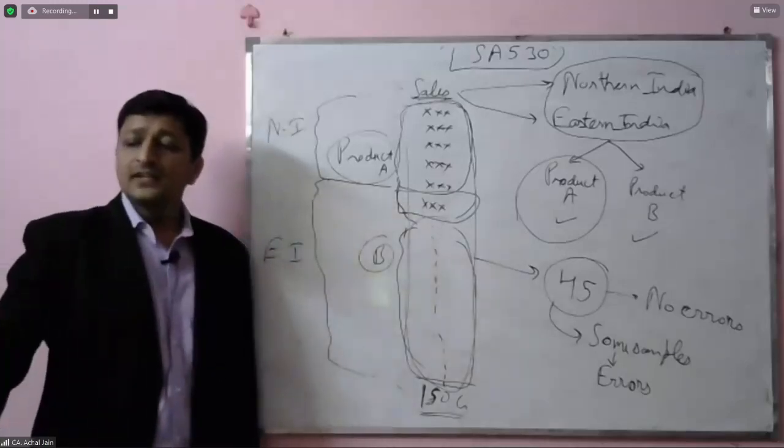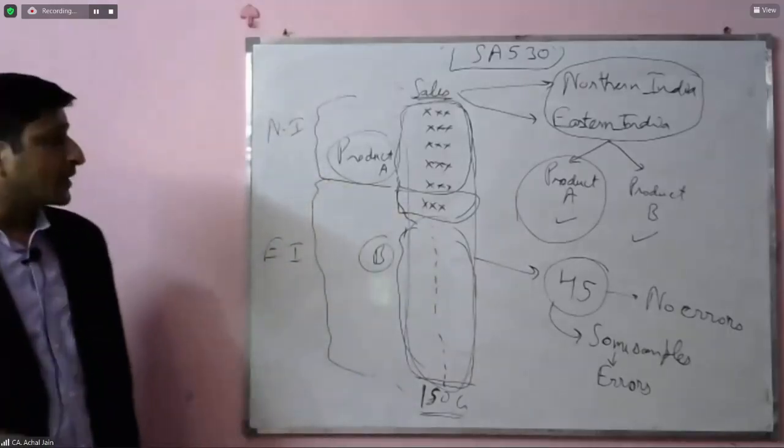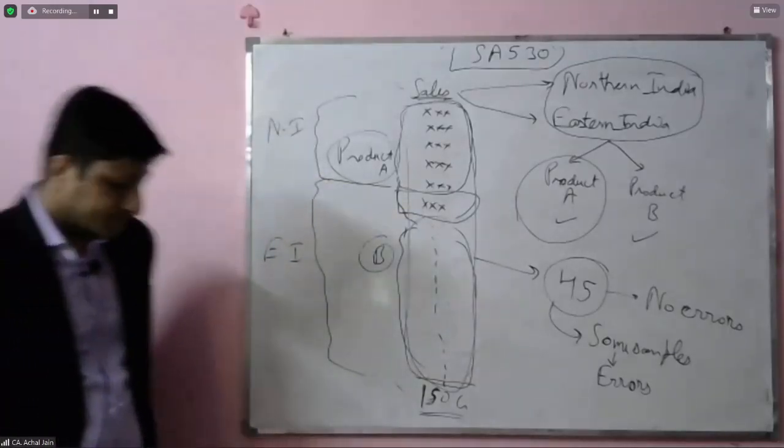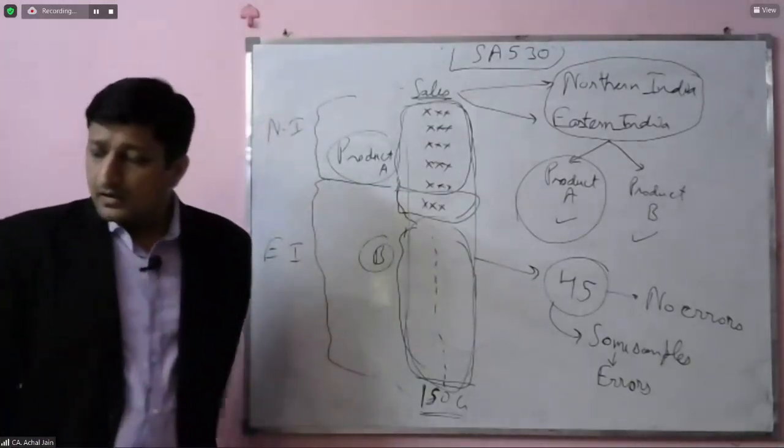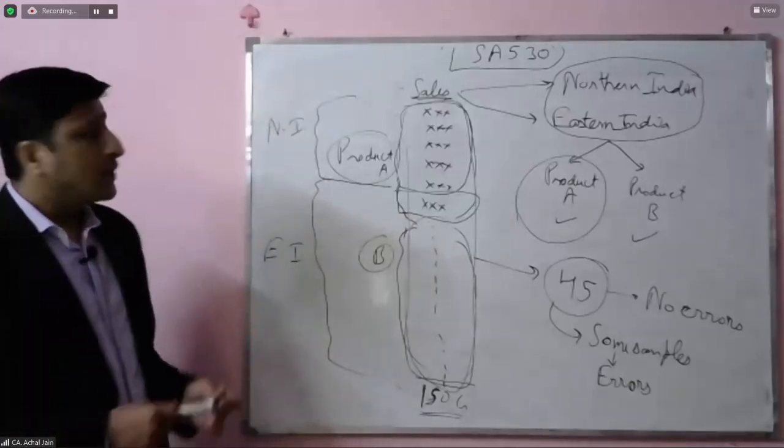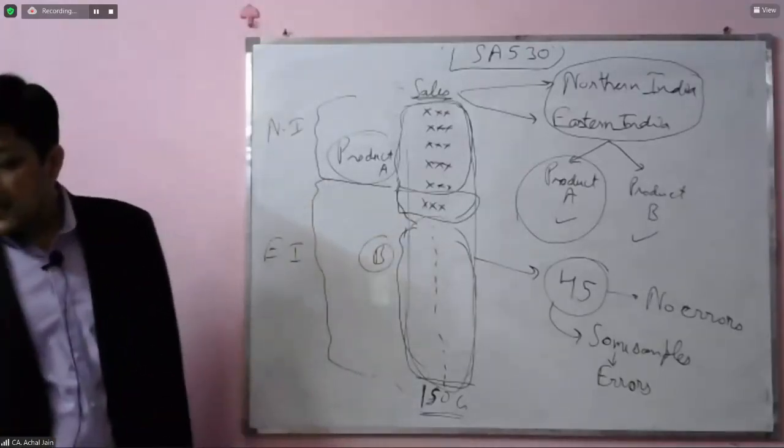Now, another thing which becomes very important on the part of the auditor is that when the auditor is selecting a sample, this entire population is getting represented by that sample.